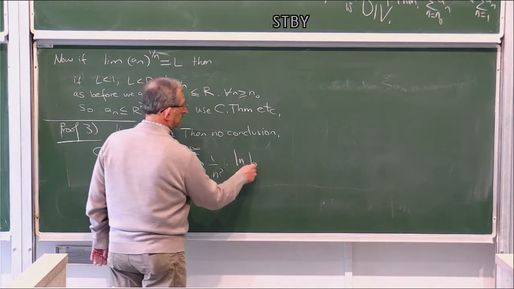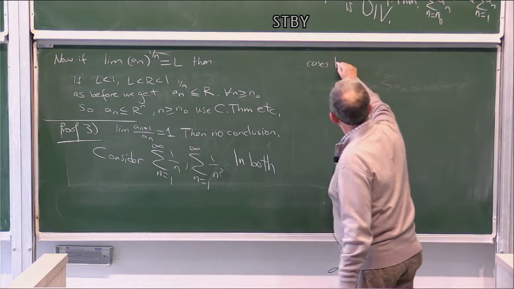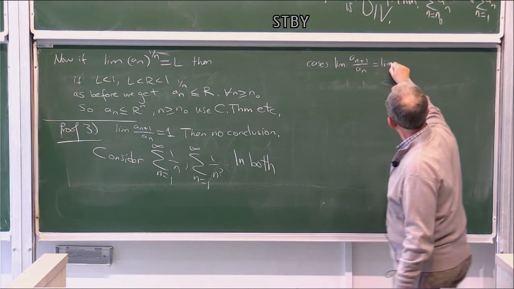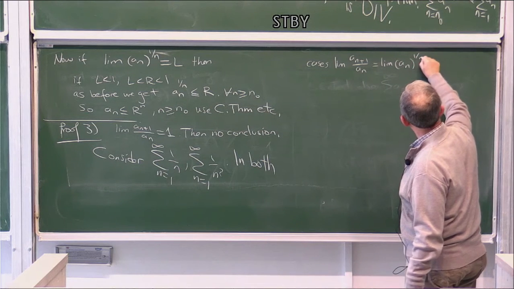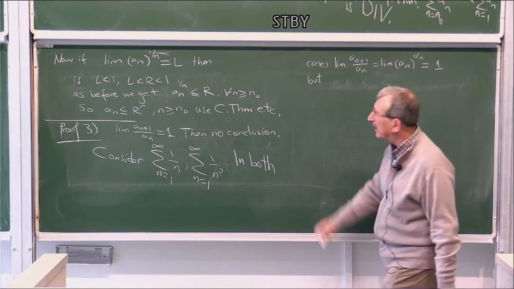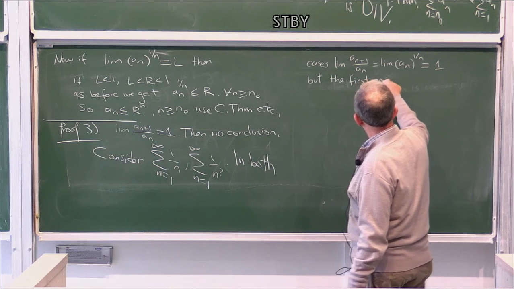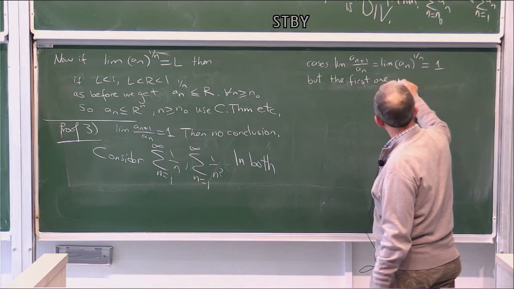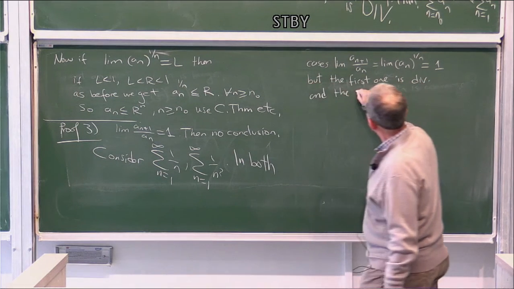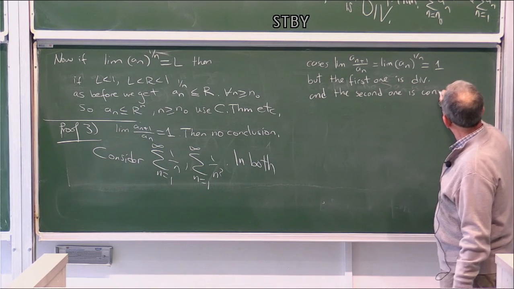In both cases, the limit of the ratio or the limit of the nth root is 1, but the first one is divergent, and the second one is convergent.